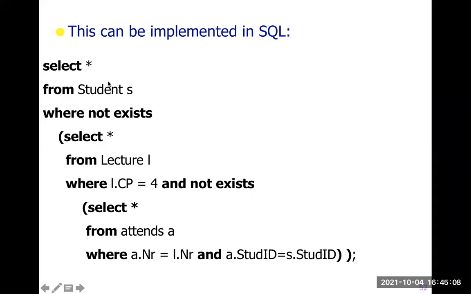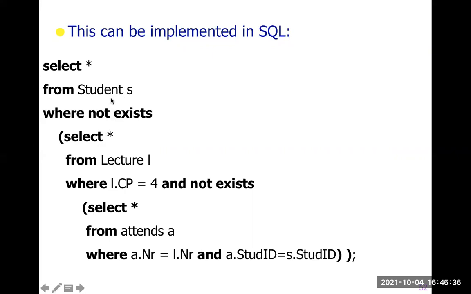One way is to express it this way. I want to find all the students, and I loop through the students, and for each student, I try to find a list of lectures that the student didn't attend. So I want to find such a student.